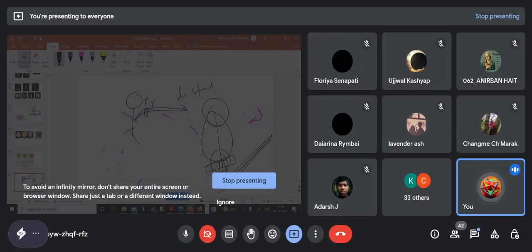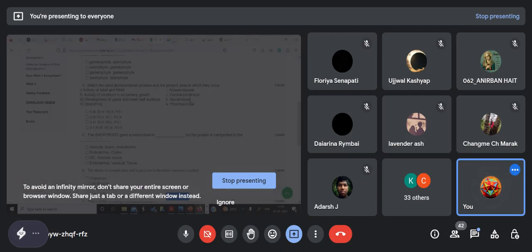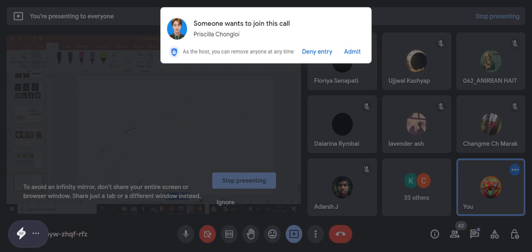Proximal is nearby, distal is far away from it. Okay, one more was there. Yeah, apical basal. Apical basal is very easy, right? Something at the apex is apical, and something at the base is basal.